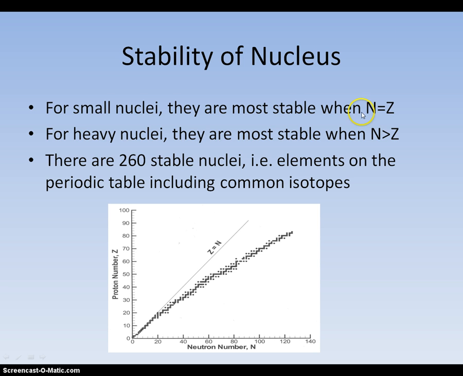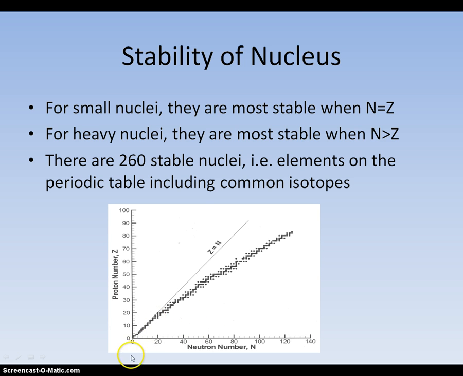So the Z number and the N number are equal. Or nitrogen, the most common is nitrogen-14, which is 7 neutrons, 7 protons. So for very small nuclei, where Z is equal to N is when we have the most stable nucleus, and that's why they're found in nature.